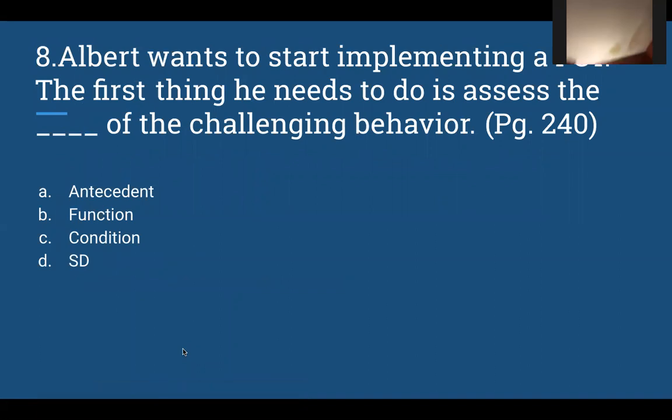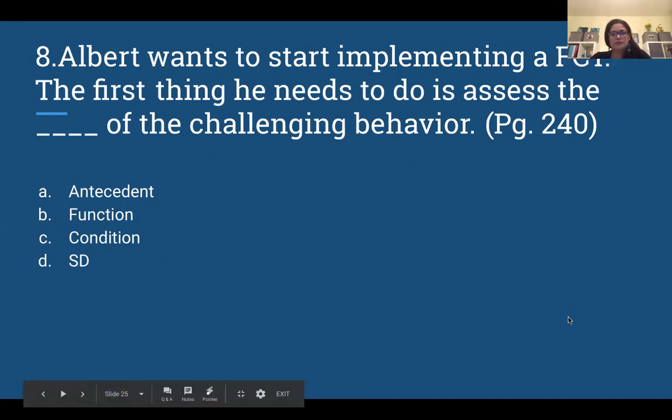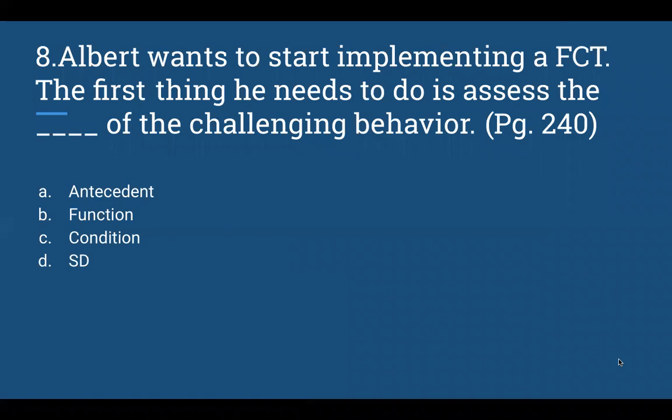How do you start implementing FCT? The first thing he needs to do is assess the blank of the challenging behavior: antecedent, function, condition, or SD. B. Function. B as in boy. Why B?